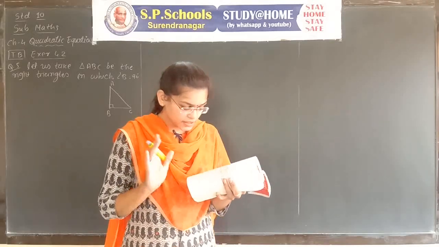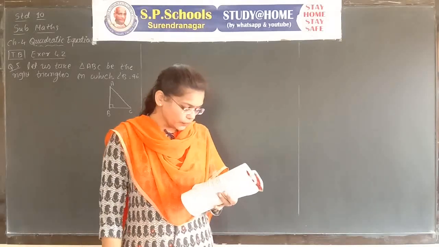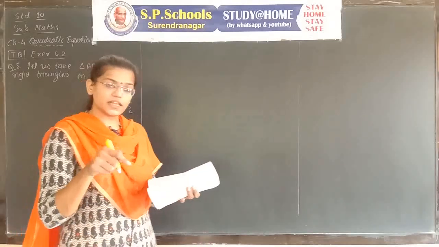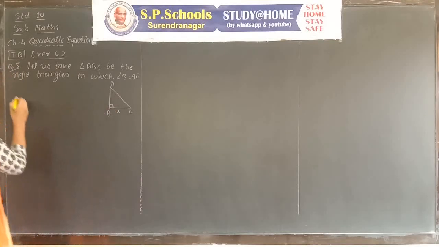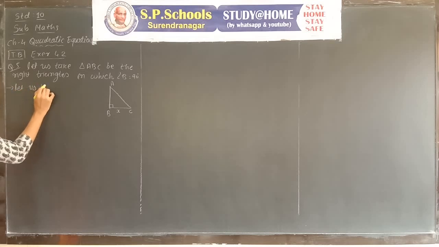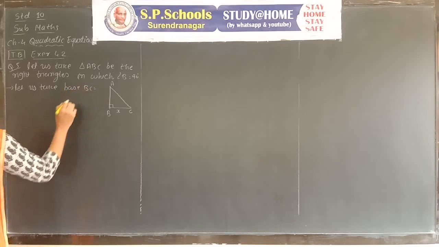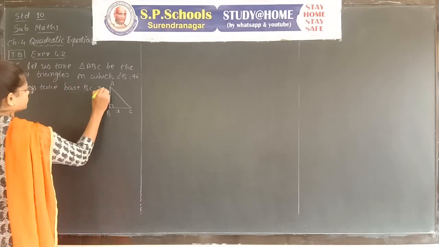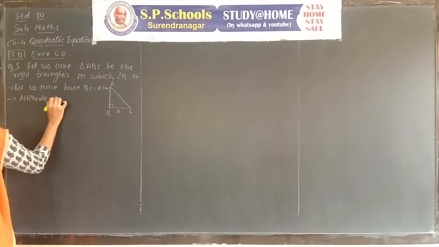If the hypotenuse is 13 cm, find the other two sides. From the first condition, the altitude of the right triangle is 7 cm less than its base. Then first of all, assume base BC as x. Let us take base BC is equals to x centimeter. According to the condition, the altitude, here the altitude is AB.